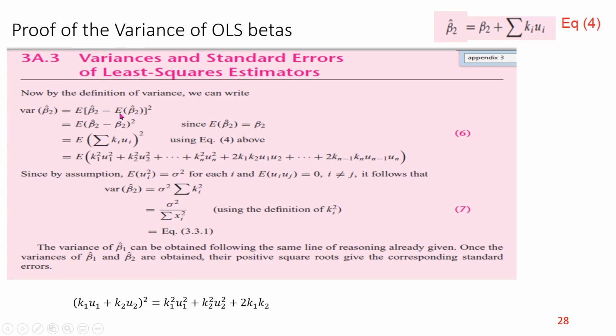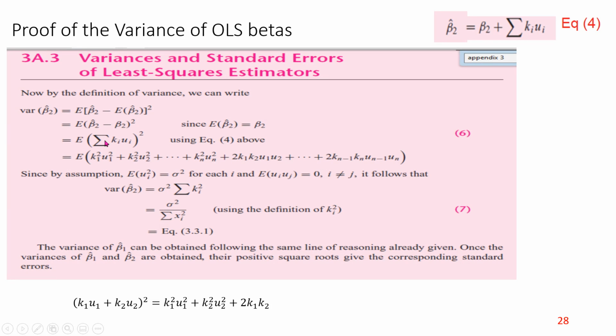So this equation is reduced to this form. Then, in the previous slide in equation number 4, we derived that beta 2 hat is equal to beta 2 plus the sum of ki ui. So I use this value: beta 2 hat minus beta 2 will be equal to the sum of ki ui. I have used equation number 4 here in step number 3.